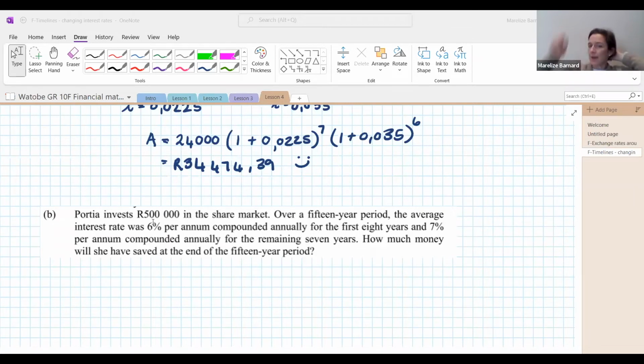Okay, so we're going to break it up, 8 years and 7 years. And how much money does she have at the end? You can draw your timeline, and in about 3 minutes, I'm going to check back with you, see what your answer is. Don't put your answer in the chat yet. Just hold your answer, and we're going to see what you get in about 3 minutes.